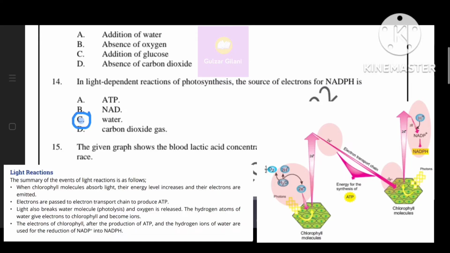The hydrogen atoms of water give electrons to chlorophyll and become ions. The electrons of chlorophyll after the production of ATP and the hydrogen ions of water are used for the reduction of NADP into NADPH. That's why option C, water, is the correct answer.